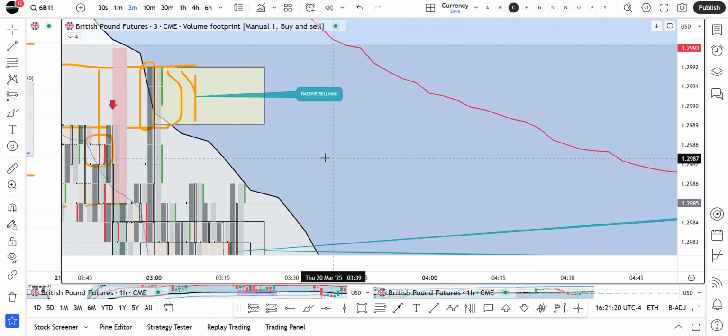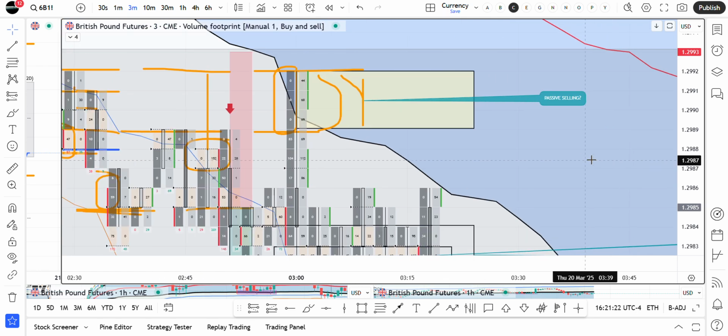So that's people that are getting in with not market orders. So it will show up here as orders, but there are different types of orders. You get market orders and you get limit orders. These are people entering the market on limit orders. Or let me rephrase that. These are people getting into positions on limit orders.